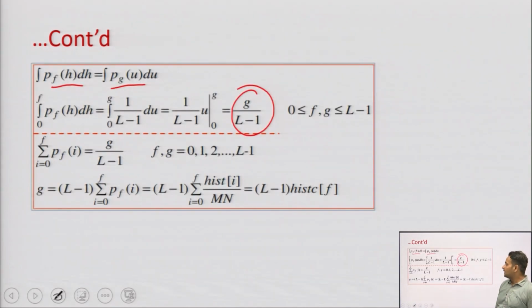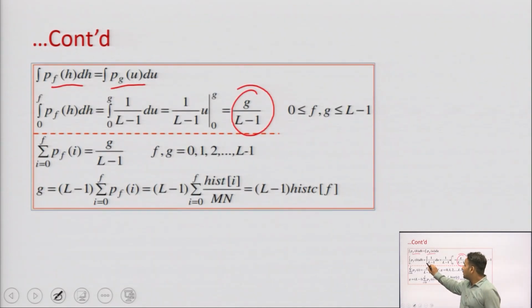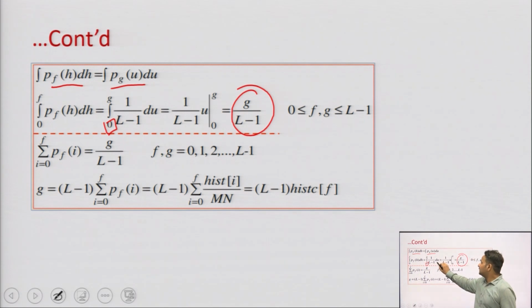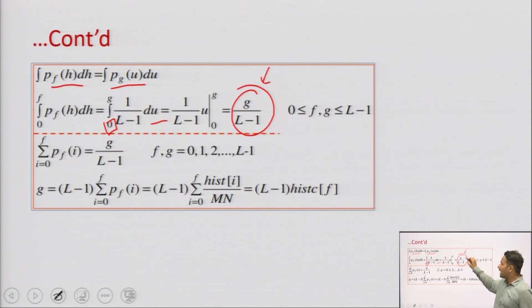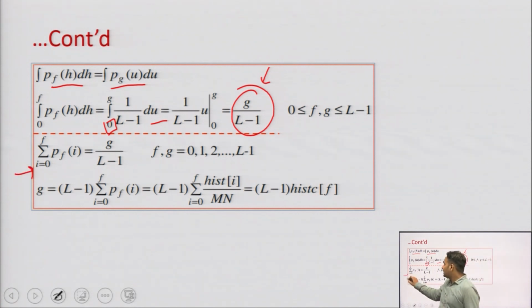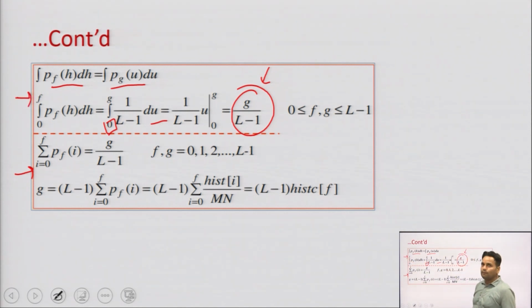Because when solving this, you have to take the integration with respect to u, and if you apply the limit, it will become g upon L minus 1. If it is discrete, you may observe it in this way. So, for the continuous case you observe it in this manner, and for the discrete case the same function looks similar, and you reach this particular result.